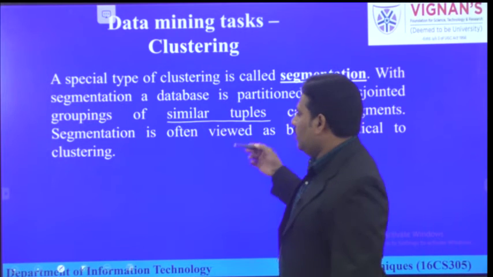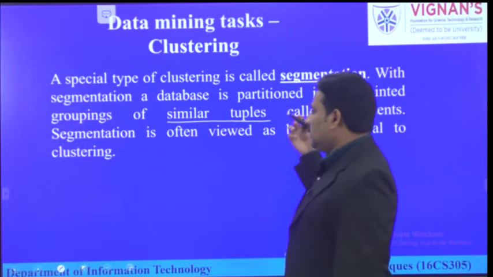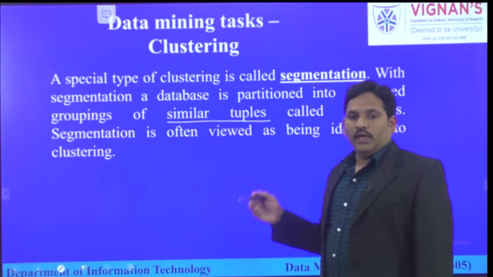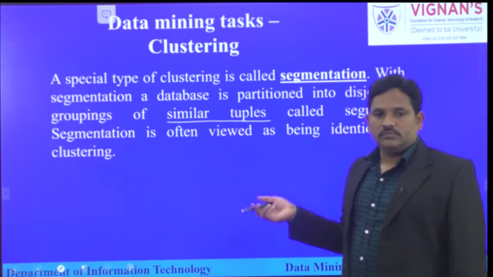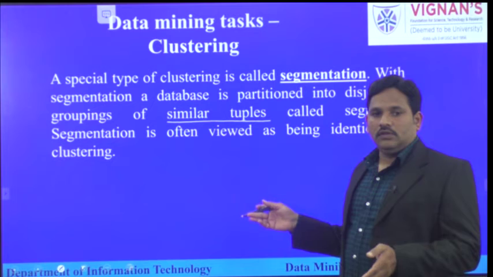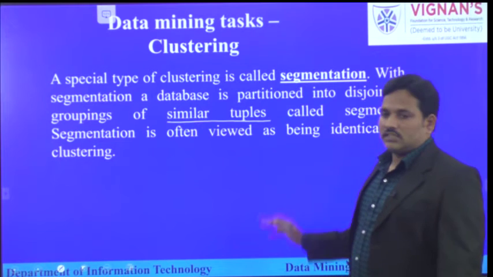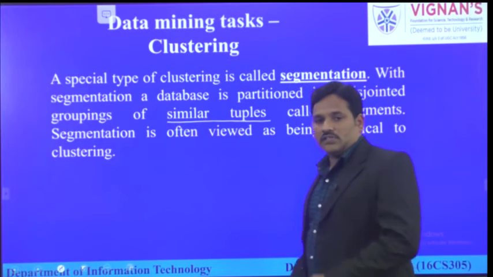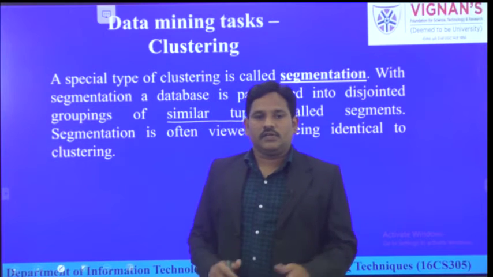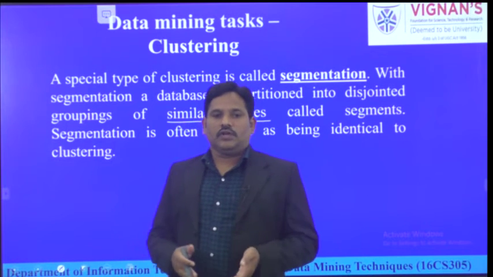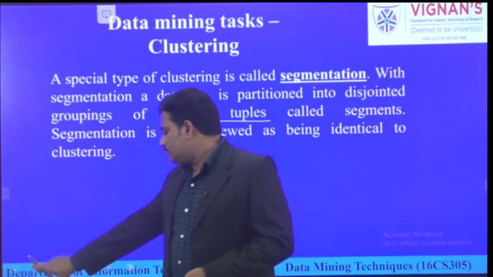But here we are partitioning the database into various disjoint groups, not based on a condition. Whereas in clustering, we are grouping the elements into clusters based on predefined conditions.